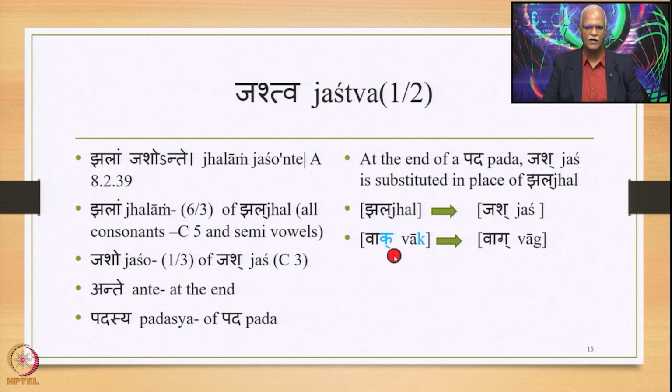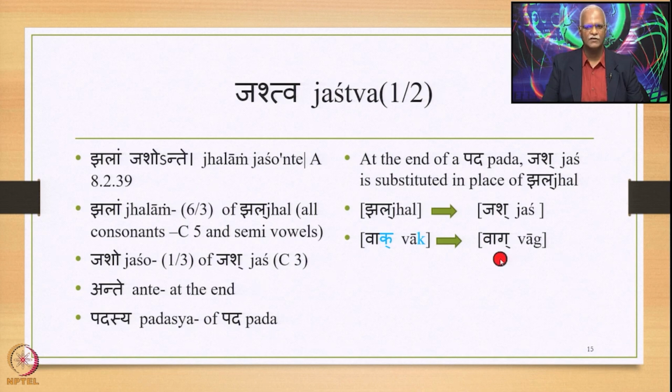So for example, vak: ka is jhal which appears at the end of this pada, and so this ka is substituted by ga at the end of the pada. So vag. So the prathama ekavachana of the word vach is vak, vag. And in compounds, ka is substituted by ga because it is at the end of the pada.